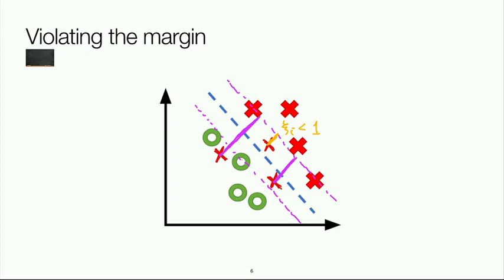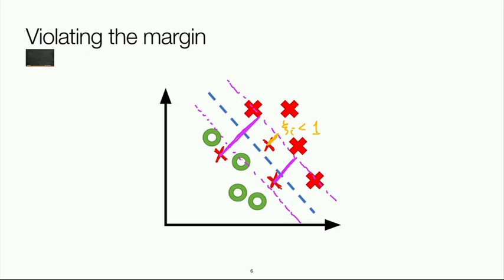It's just within the margin. I wanted the margin to be defined as 1. This is going to be some number that's smaller than 1, but it's still greater than 0. It's still correctly classified. Xi_i less than 1, but greater than 0. That's the other part.